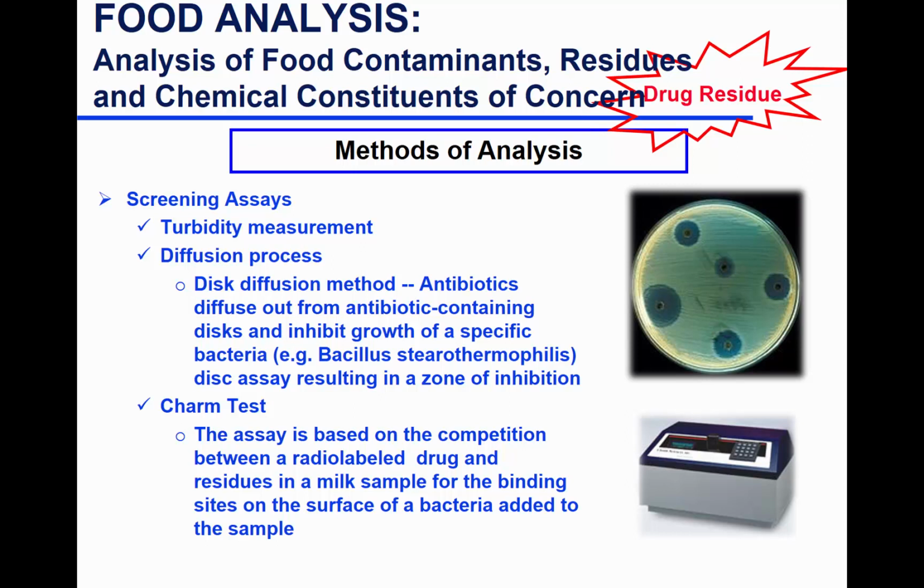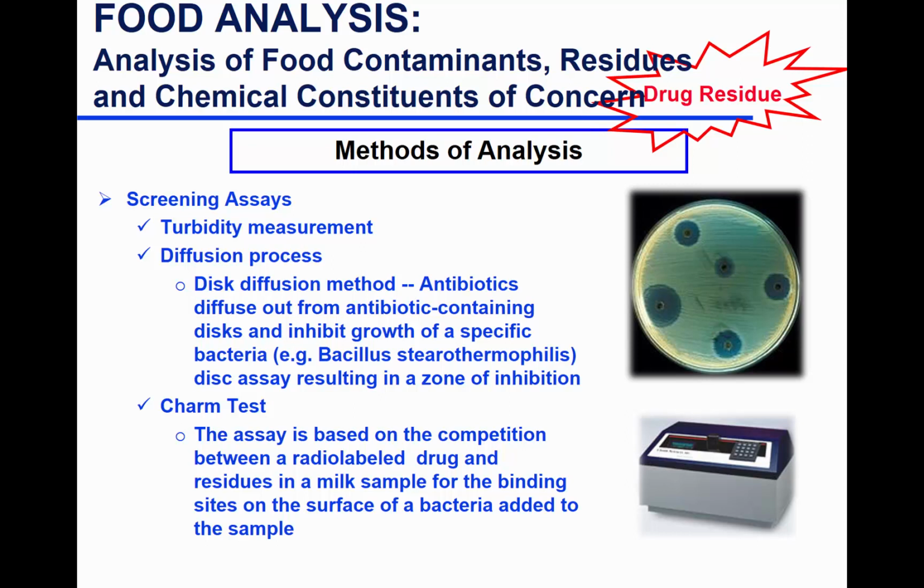Charm test is kind of similar to an immunoassay. It's not really immunoassay. What it is, you have your milk sample that you suspect antibiotics to be present there. You introduce a radio-labeled drug that is similar drug, that means antibiotics that you suspect present in your sample, but it's radio-labeled. And then you introduce bacteria to your sample.